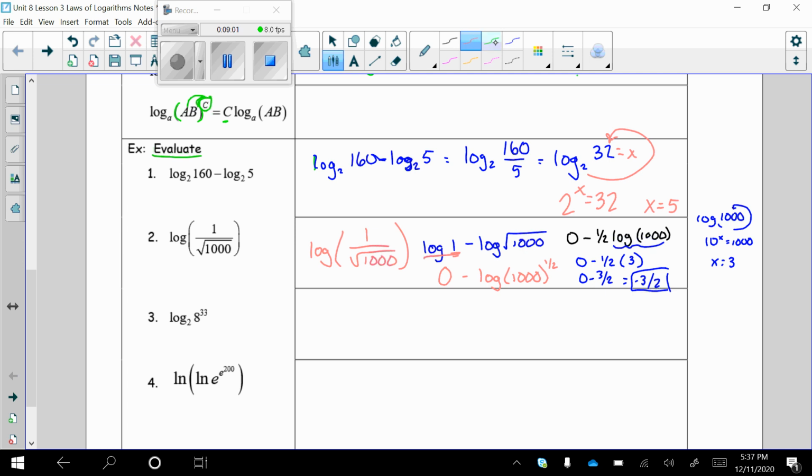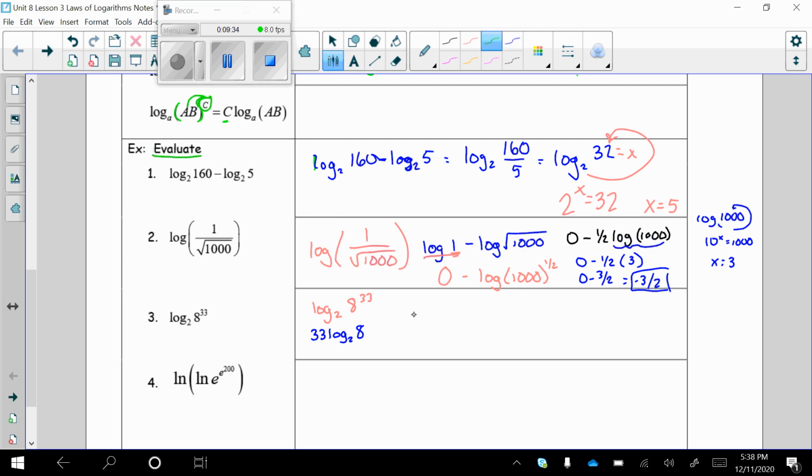Okay, so let's go through another one. We have log base 2 of 8 to the 33. Obviously I don't want to take 8 to the 33rd power in my calculator and then try to figure out 2 to what power is that. So go ahead and write this in expanded form. This expands as 33 log base 2 of 8.